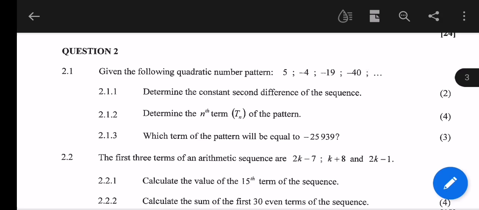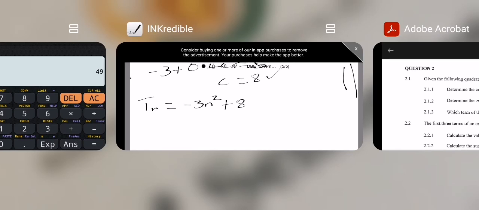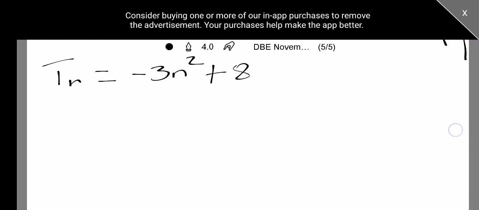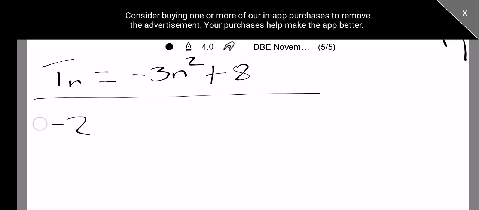Let's move on to the next question. Which term of the pattern will be equal to -25,939? Which term of the pattern? Now they've given you the number which is -25,939.